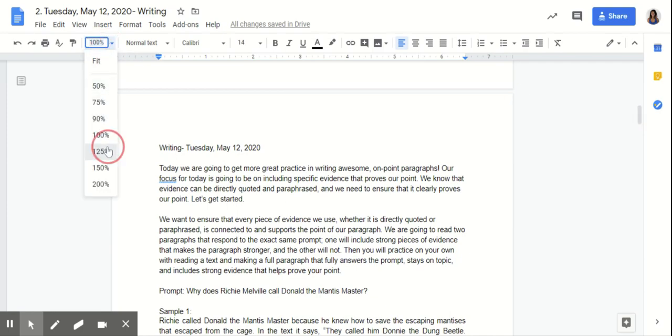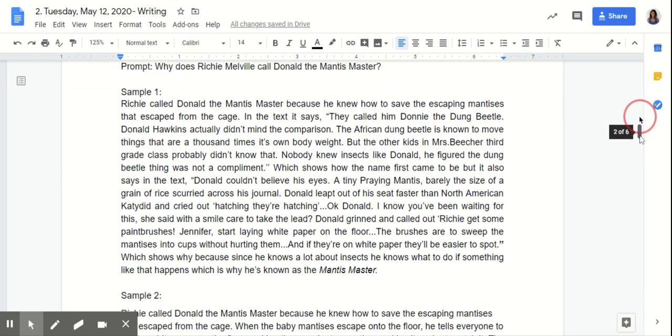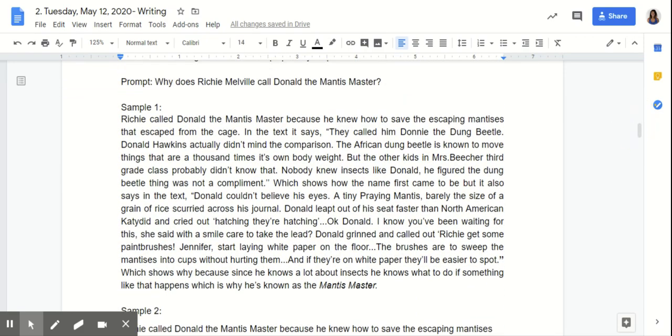Now, we are going to read two samples, and they're both going to be on why Richie Melville calls Donald the Mantis Master. We've all read this text, we've all written on this text, so we're going to look at two samples that our peers have done. All right, so sample number one.